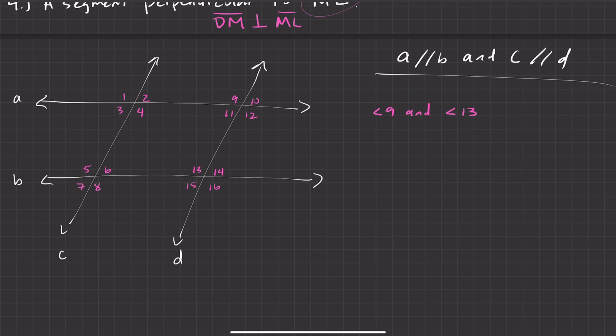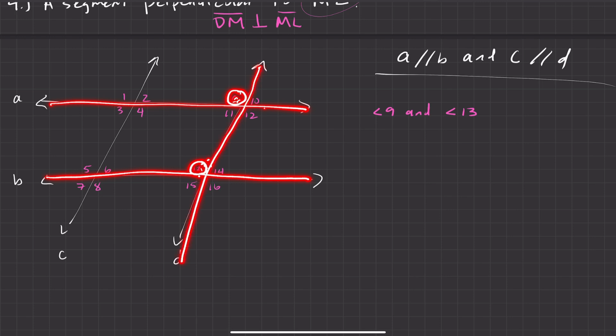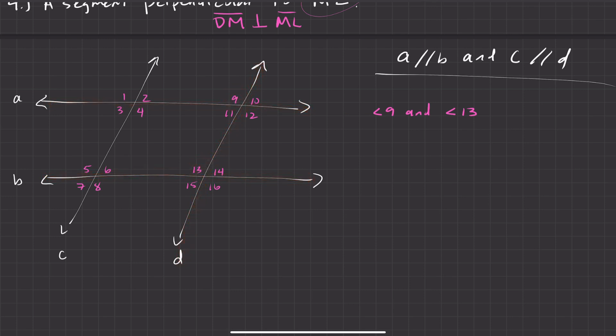So where's angle 9 and 13? Here's 9, here's 13. Do you notice that 9 is part of this line here, and 13 is part of that line here? And what do these two angles have in common? They share this transversal here. So keep that in mind, because we're going to replicate that.